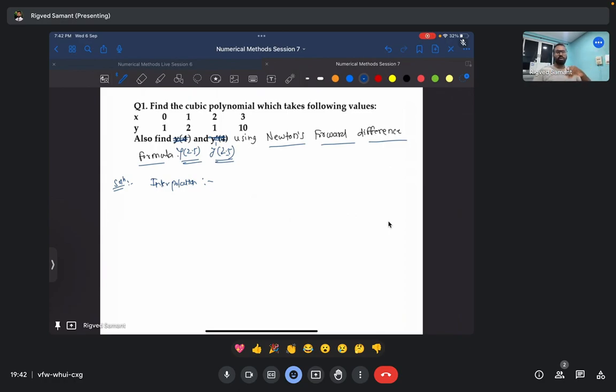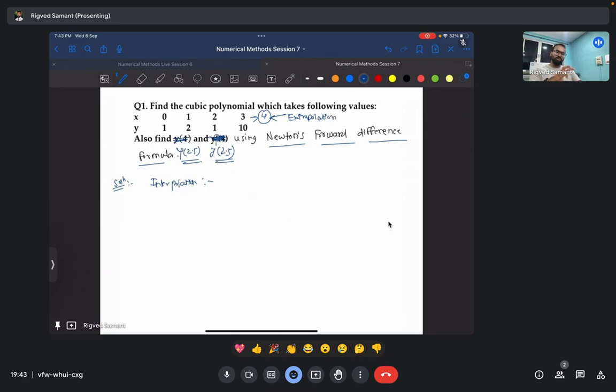In that case it is called interpolation. If the x value for which you are trying to find the function value is below your x0 or above your x4, then it is called extrapolation. So here, y of 4 is after this range, so that is called extrapolation.